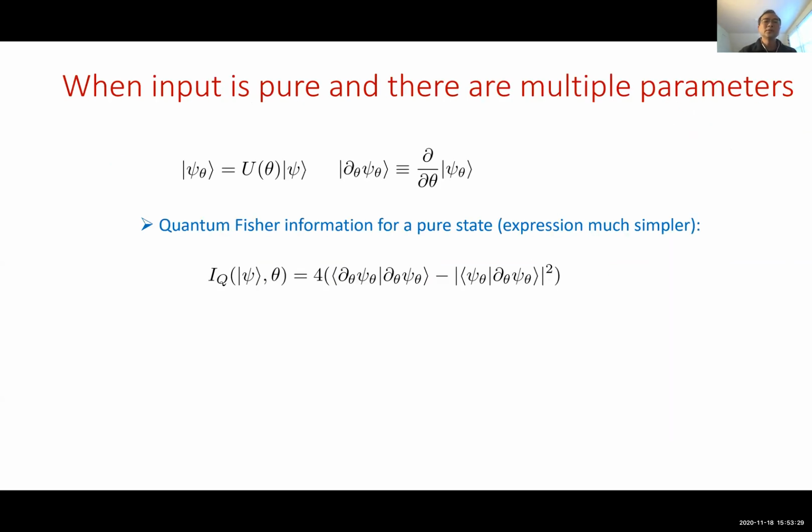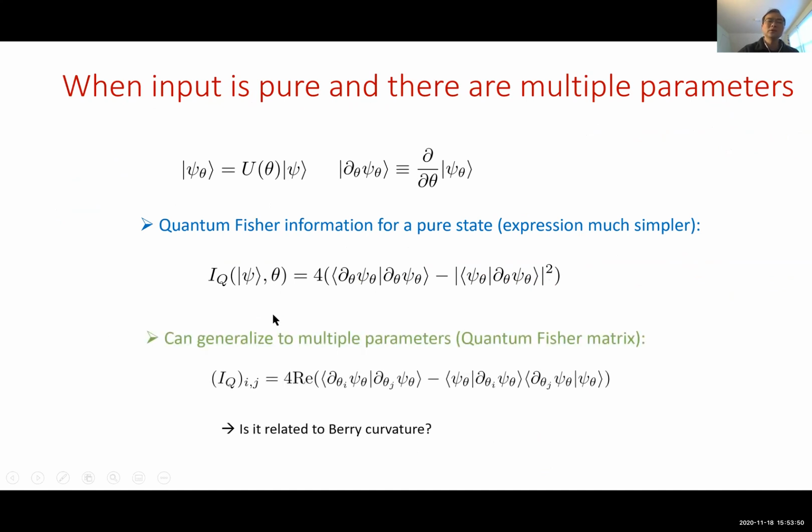Yeah, I want to just mention that when the input is pure, the expression simplifies a little bit with respect to the derivative of the pure state with respect to the angle. You could also generalize to multiple parameters, if you have a few parameters theta to estimate. Then this will be a matrix.